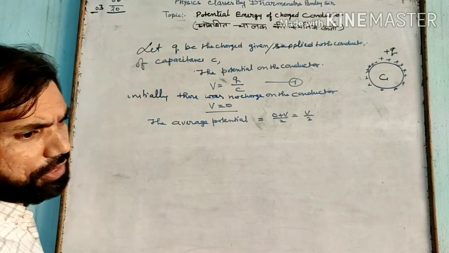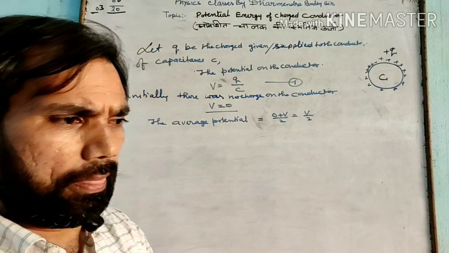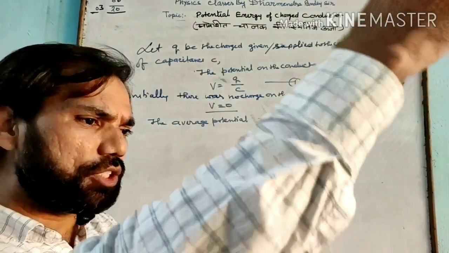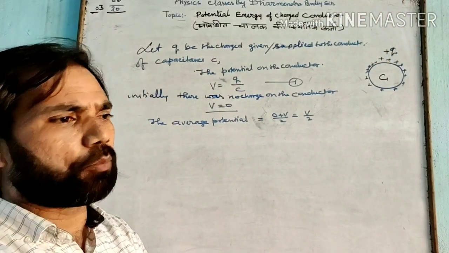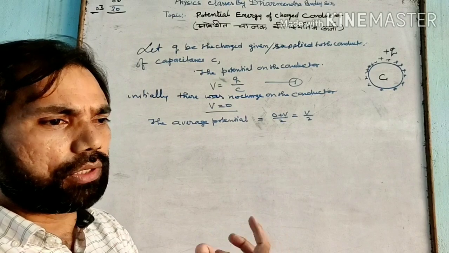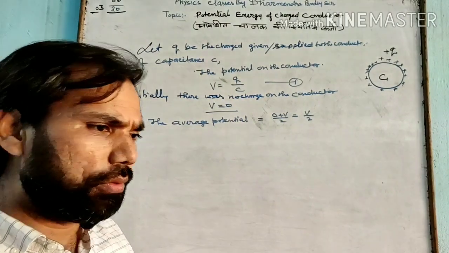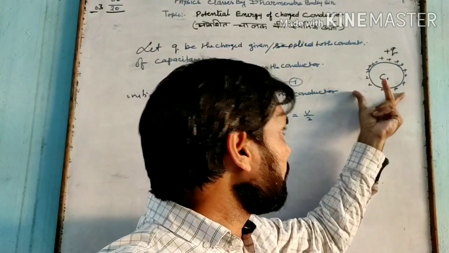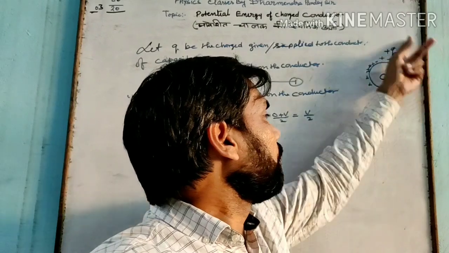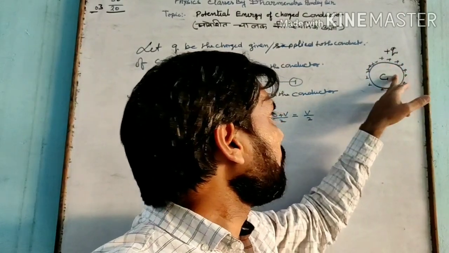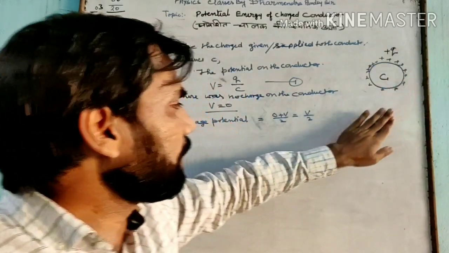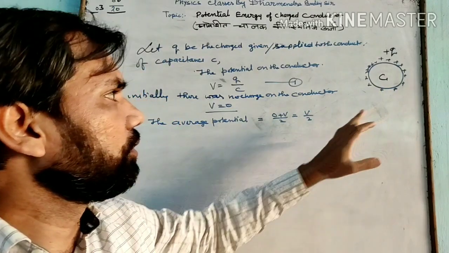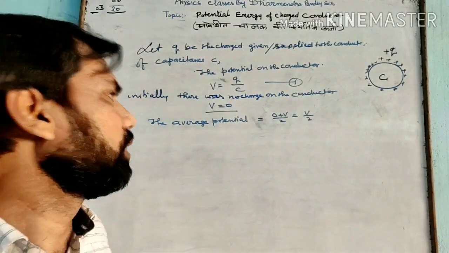So from the definition of electrical potential, which is the amount of work done in bringing a charge from infinity to that particular point where we are interested to calculate the electric potential, to calculate the amount of work done in charging the conductor, the potential and charge Q, if we multiply them, then we have an idea of the amount of work done in charging the conductor.